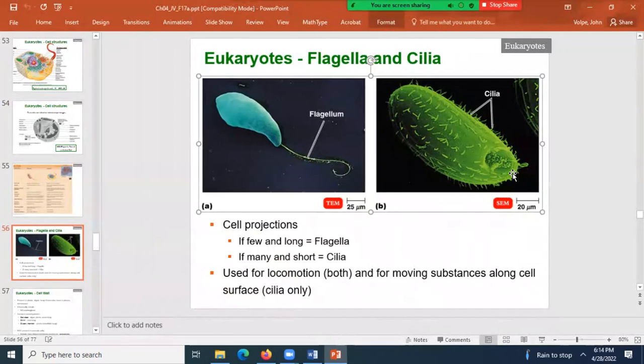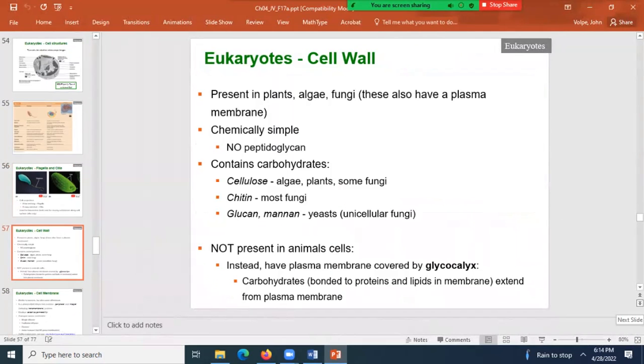Only cilia and motion by pseudopods happen only in eukaryotic cells. The cell wall can be present in eukaryotes. You generally find the cell wall in plants, algae, and fungi. All of these cells also have the plasma membrane.